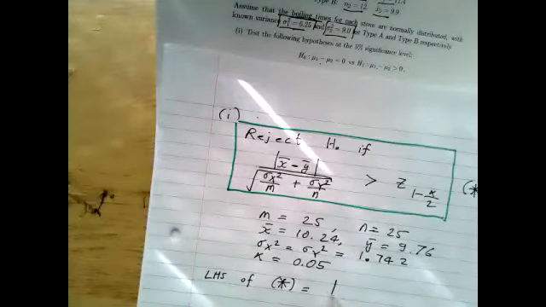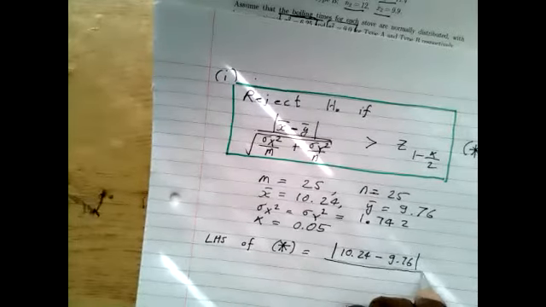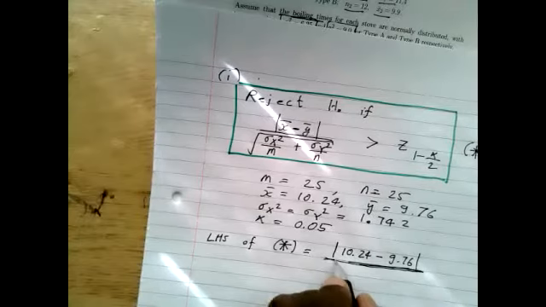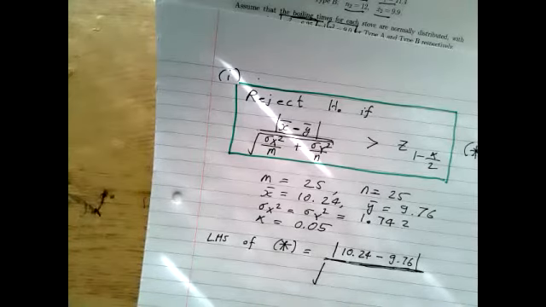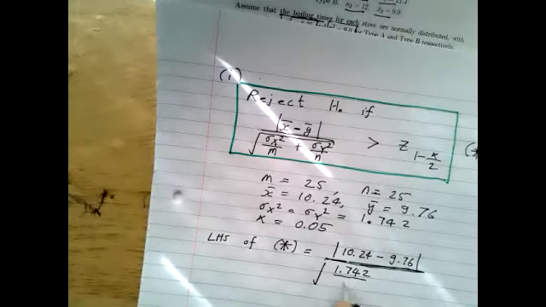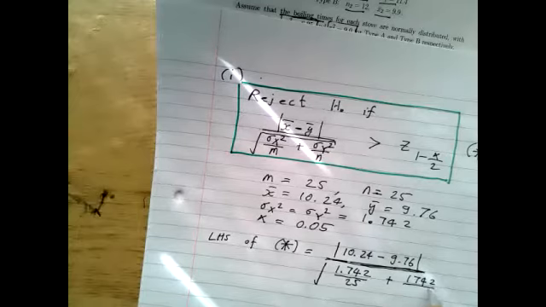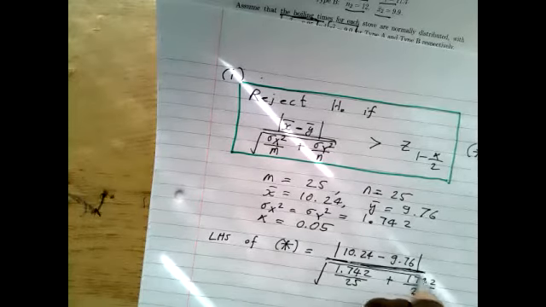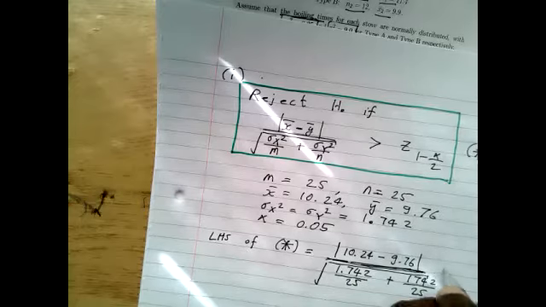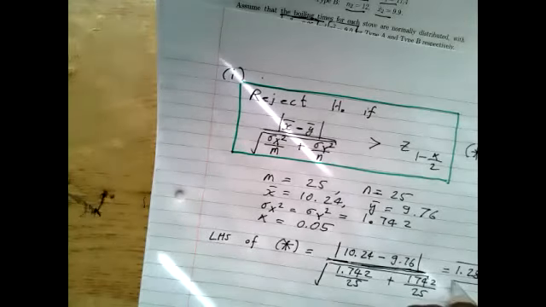It is going to be 10.24 minus 9.76 in absolute terms, divided by the square root of 1.742 divided by m, where m is 25, plus the same thing, 1.742 divided by 25. If you work this out, this will be 1.286. So this is the left-hand side of star.